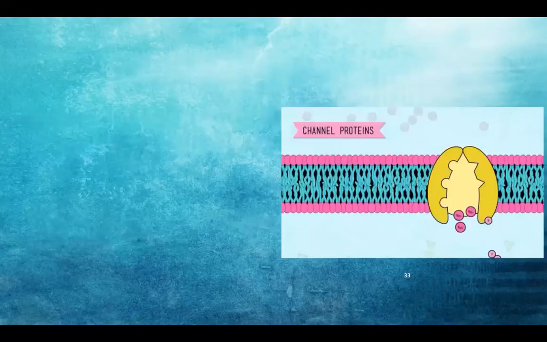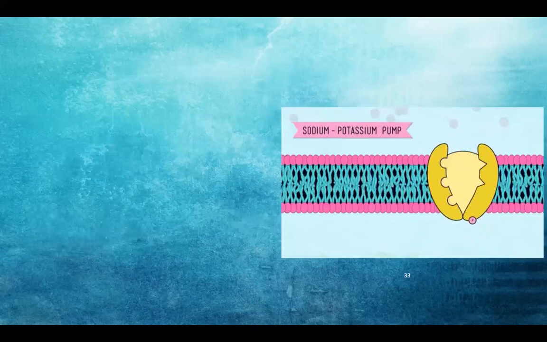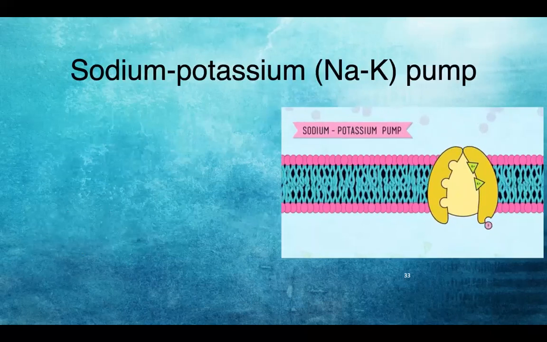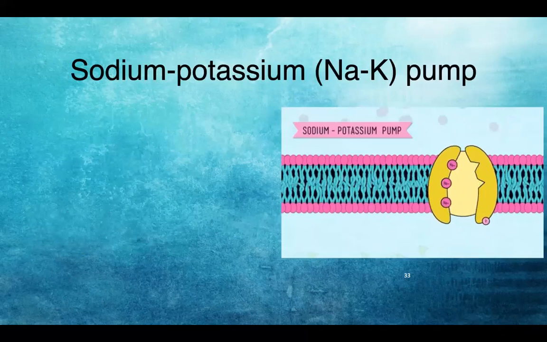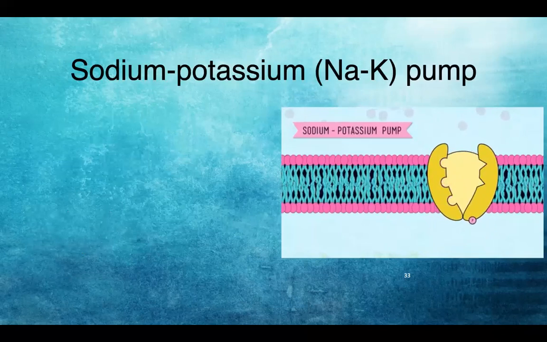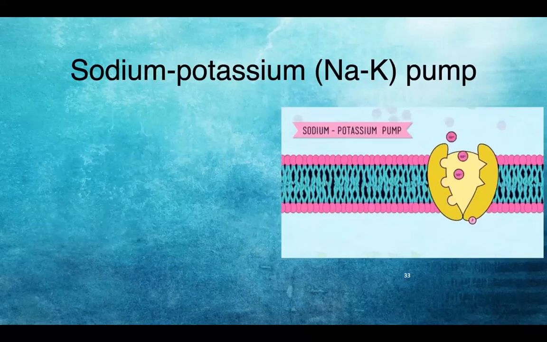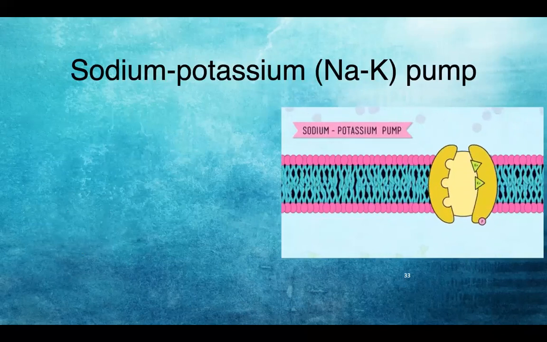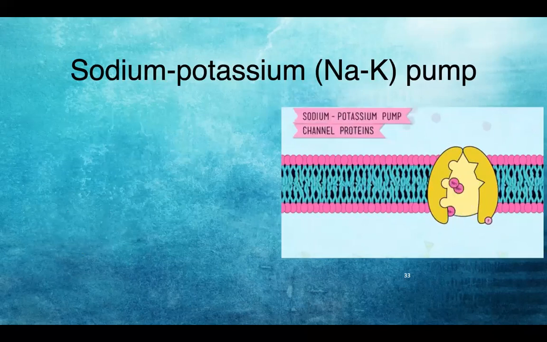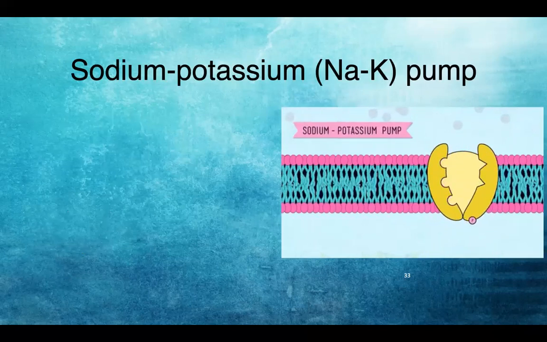So the most common pump that is studied in biology, at least at the high school level, is called the sodium-potassium pump. Now, I'm just going to use this animation to describe what happens. We're going to go in steps, okay?